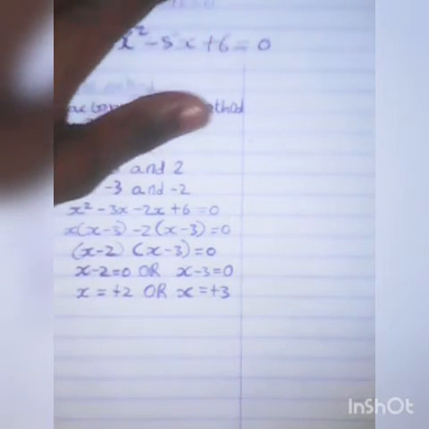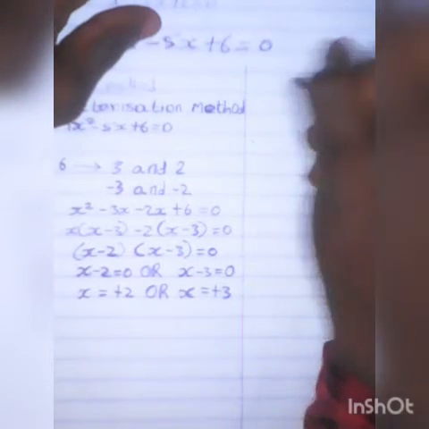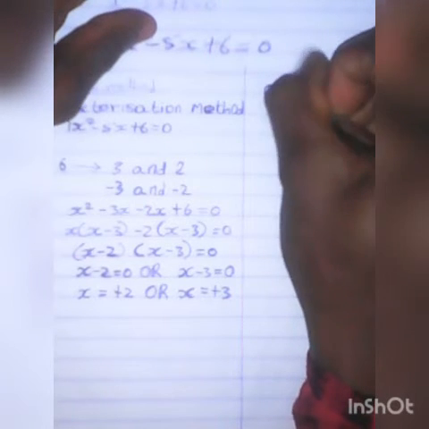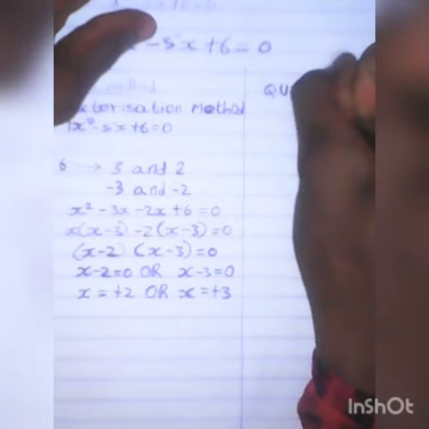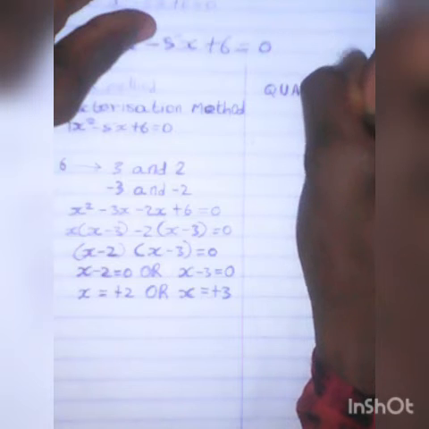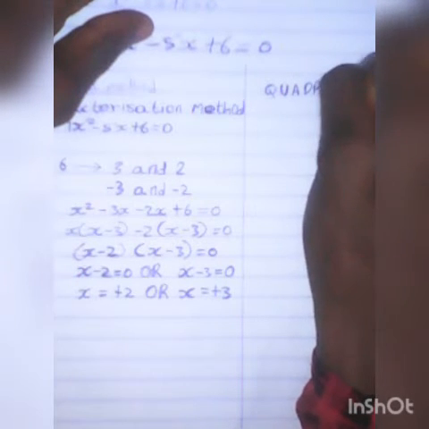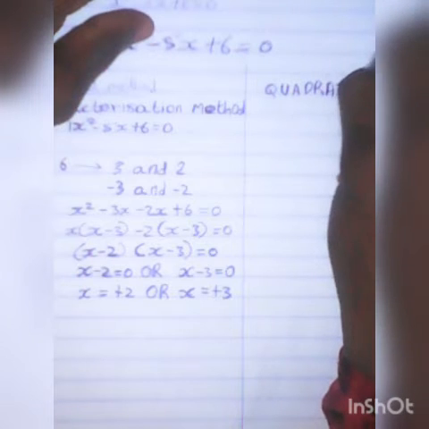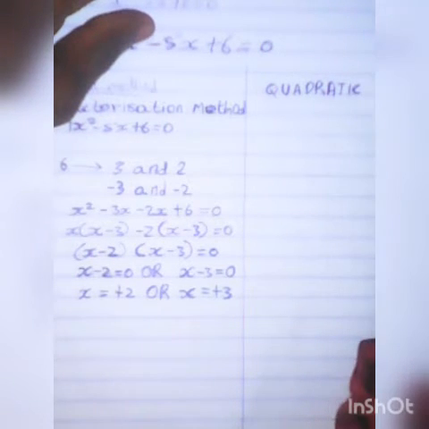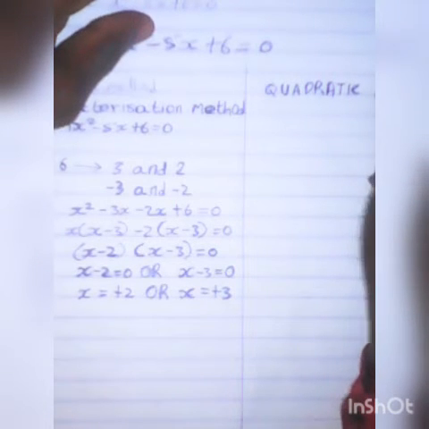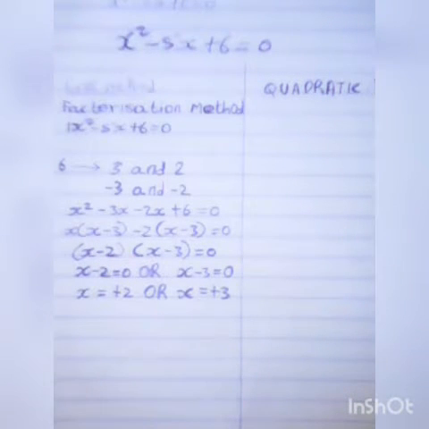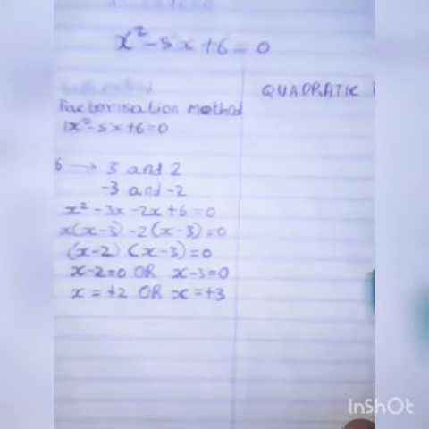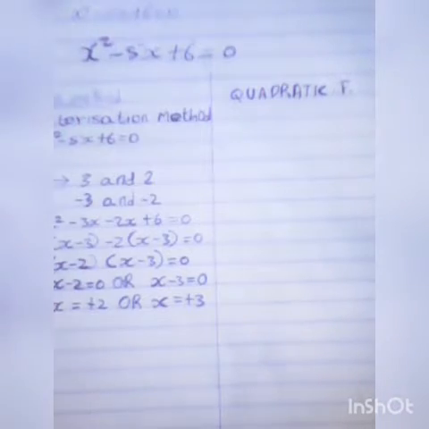The quadratic formula is also called the almighty formula.